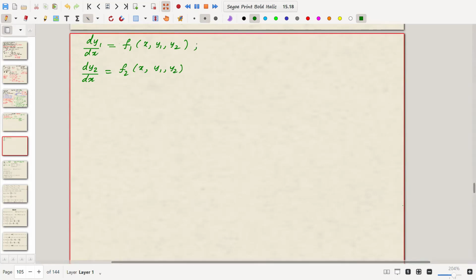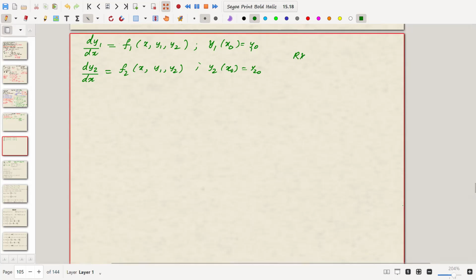Here also it is given that y1 at x naught is y1 naught, and y2 at x naught is y2 naught. These are the initial conditions. Our job is to solve this using the RK2 and RK4 methods. This is our job next class.